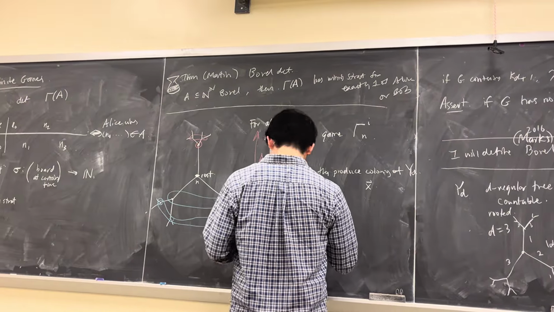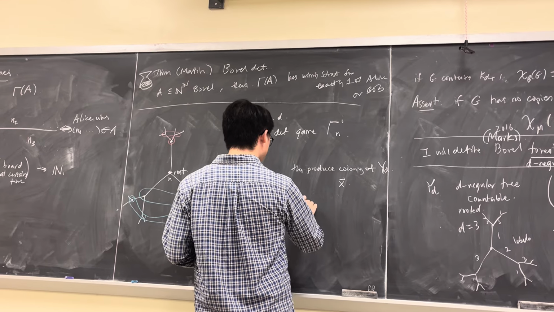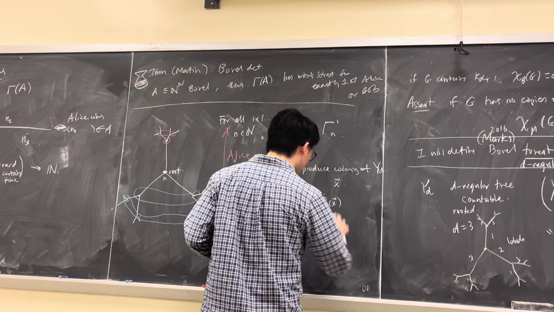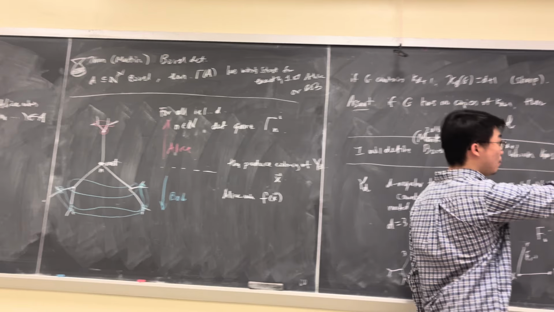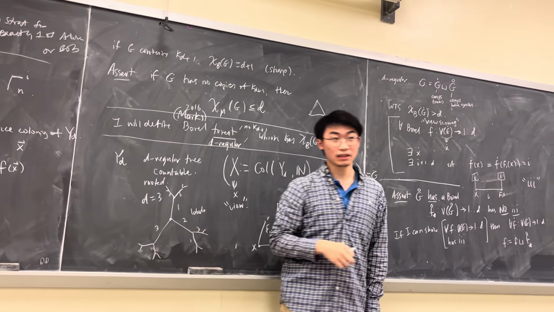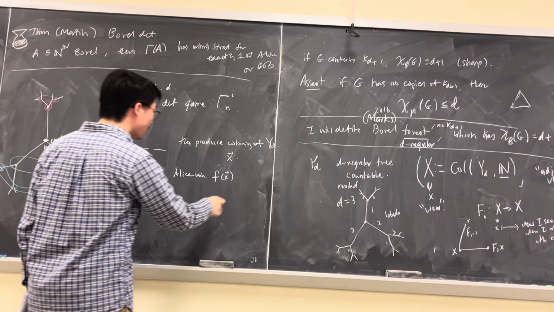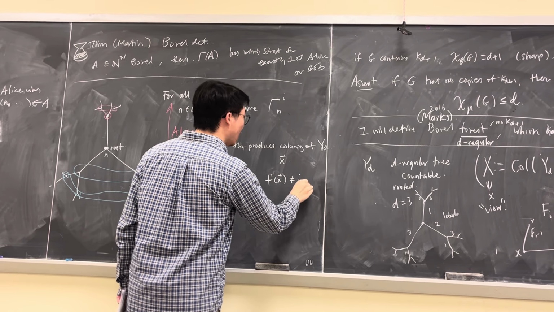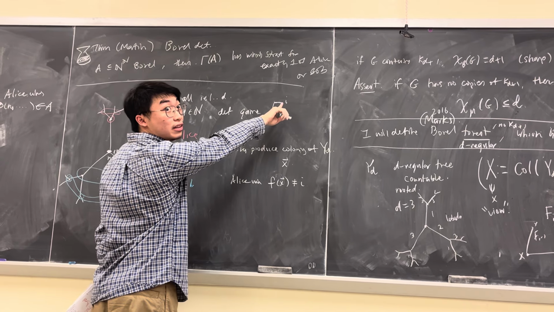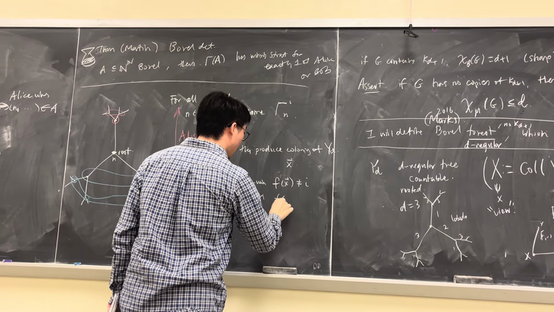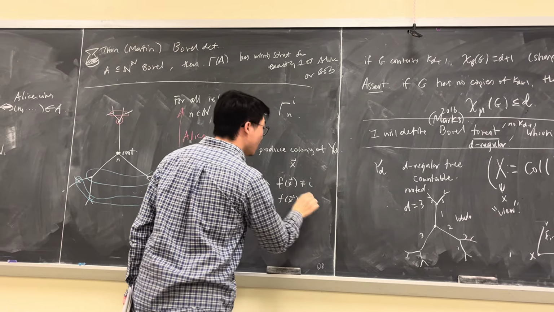The winning conditions are: Alice wins if f of x, where I fixed a Borel coloring, a Borel view score f, is not equal to i, where i is this parameter in the game. And Bob wins if f of x is equal to i.